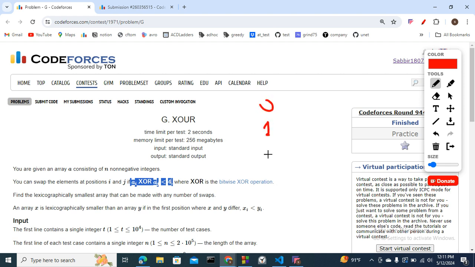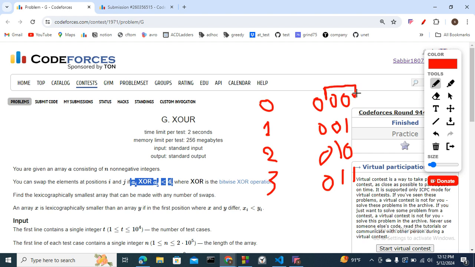Consider 0, 1, 2, 3. If we see their binary, it will be 000, 001, 010, 011. The only difference is in the last two bits, but the rest of the bits are the same for 0, 1, 2, and 3.